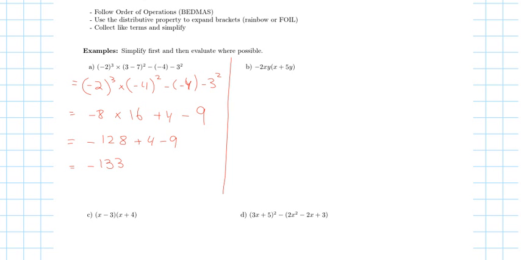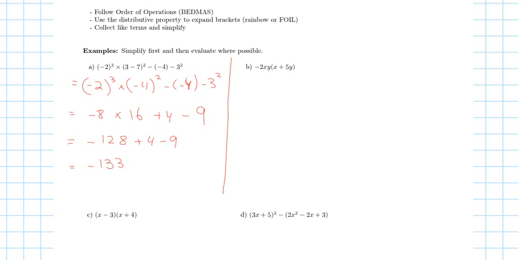For my next question, I have negative 2xy multiplied by the bracket x plus 5y. What do I have to do here? I have to multiply. We call that the distributive property.